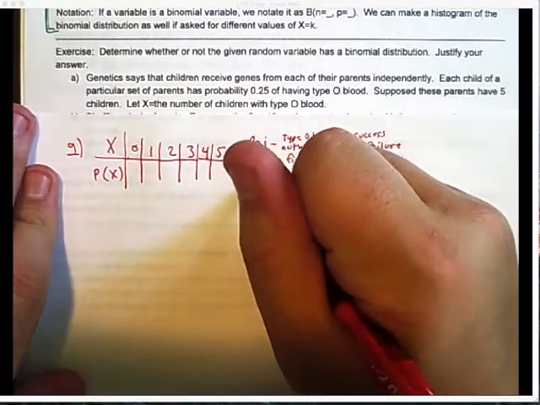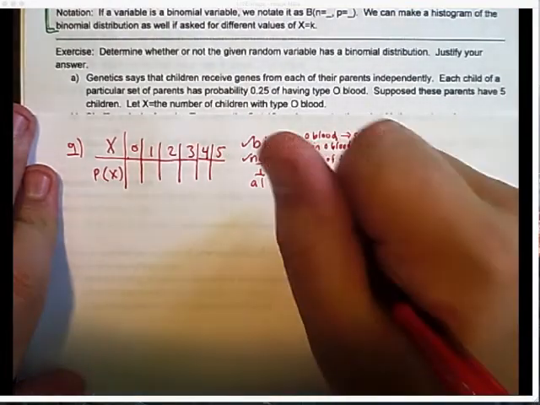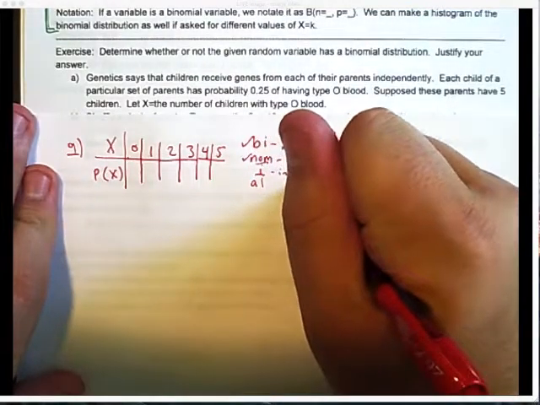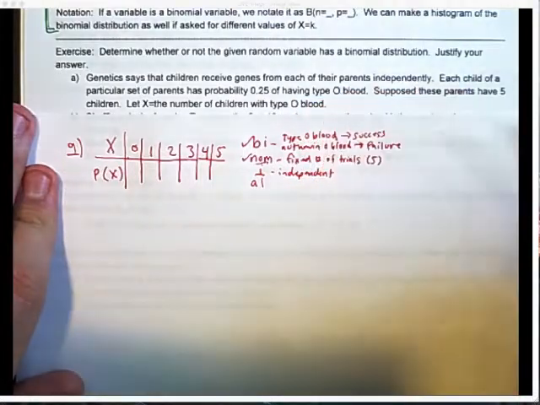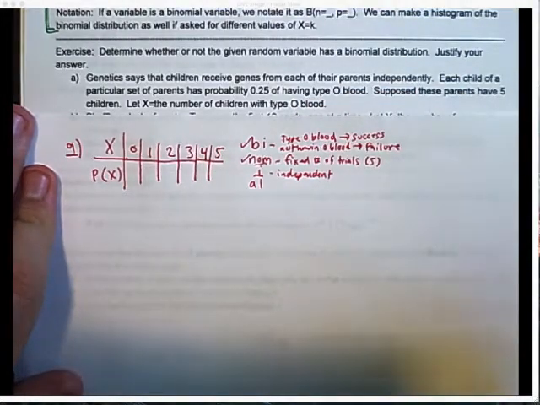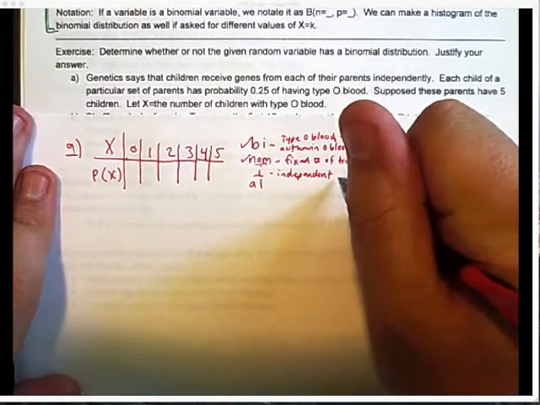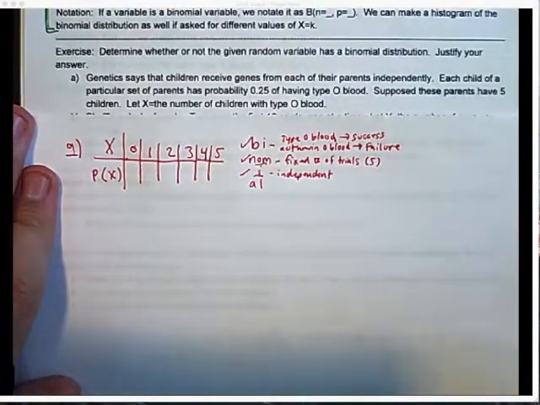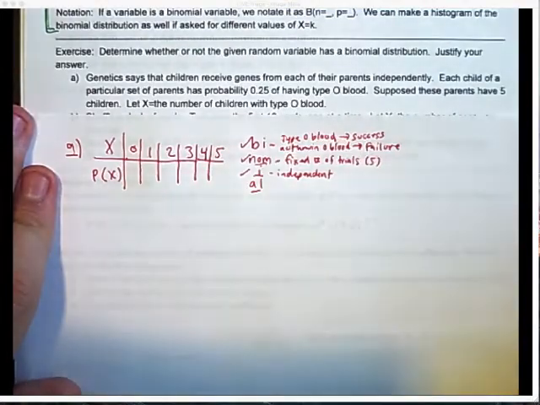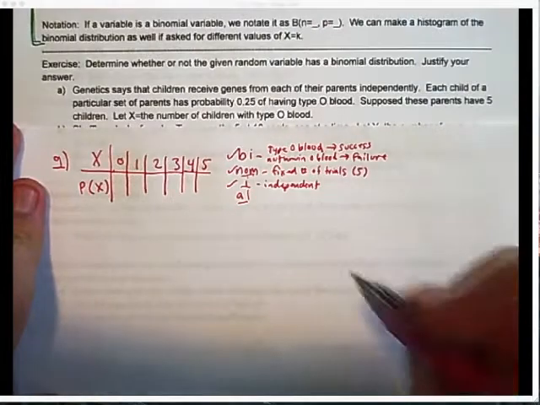Is the I condition met? That means independent. Is each child's blood type independent of the other child's blood type? Yes, they are, so we meet that condition. And what does AL mean? All children have the same probability of type O blood.